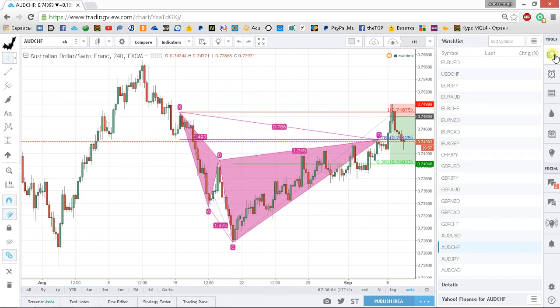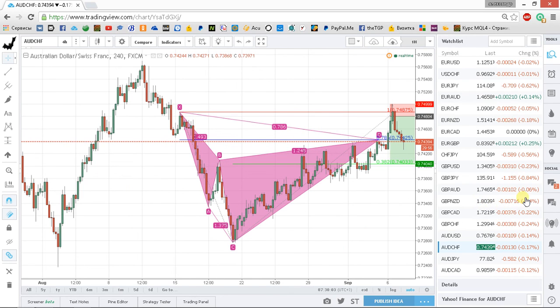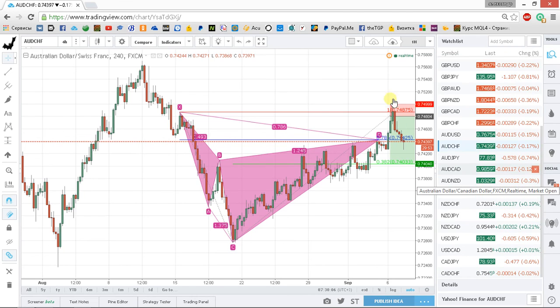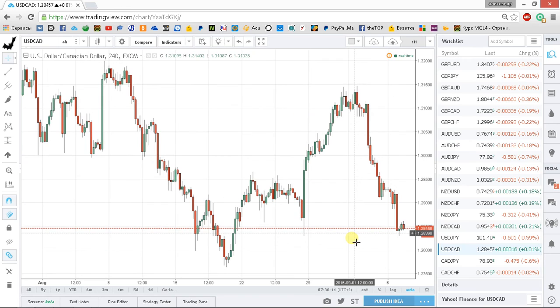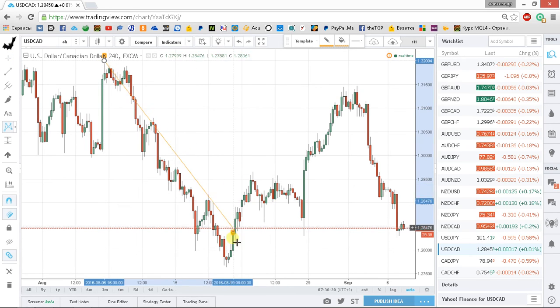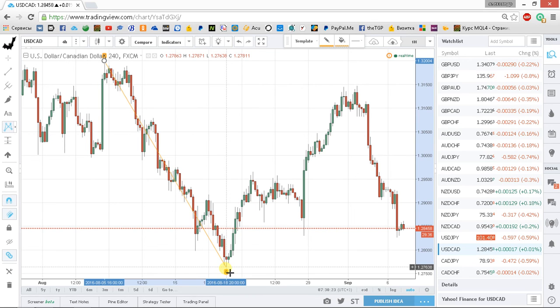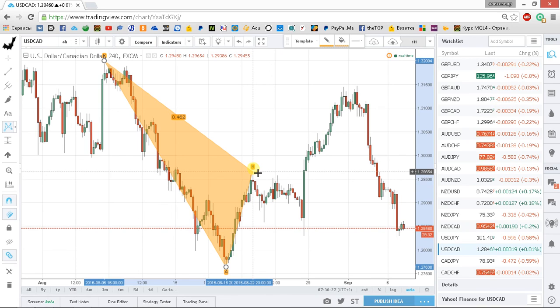Let me have a losing pattern on your screen. Okay, here it is, the CAD, and let's analyze it this way. X to A is the impulse leg. B point retracement is more than 382 and less than 50, you can see the number here.